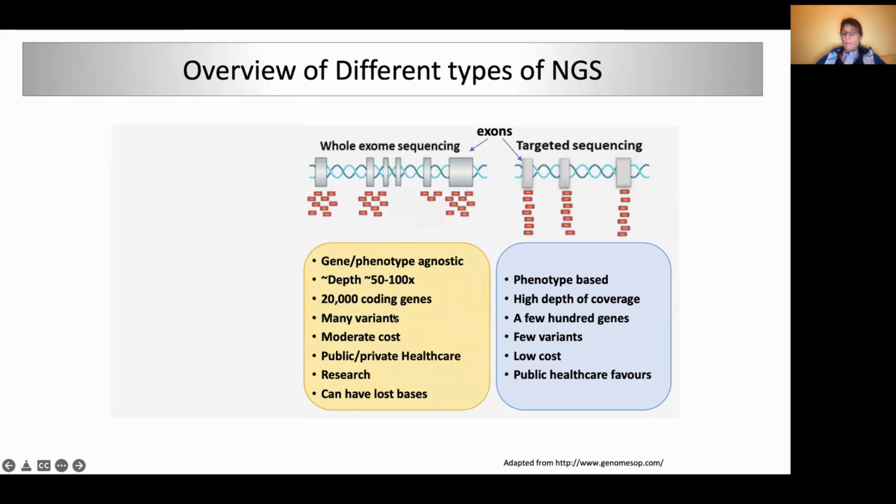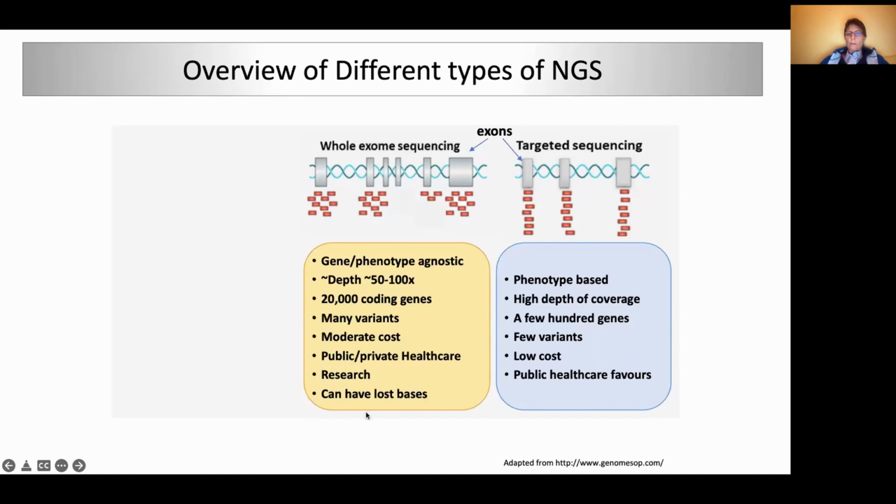Of course, you get a lot more variants, and although sequencing costs have come down, the cost will be more than a targeted capture experiment. But as a result of this modest cost with widespread sequencing, it has been highly favored by both public and private healthcare systems, as well as for research, and has contributed to many new genes being identified.